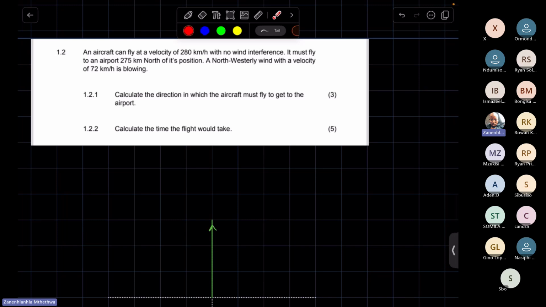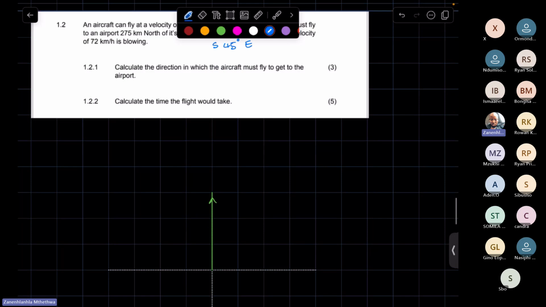Remember, we established that since the wind vector is unclear as far as whether it is coming from or going in this direction, we take it as though it is coming from this direction. So coming from northwest essentially means that it is going opposite this direction, so south 45 degrees east.